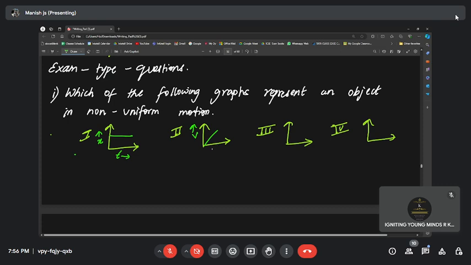Then you have a velocity time graph, and then you have a displacement time graph, and then you have an acceleration time graph. So you have 4 graphs here. One is position time, second velocity time, third a displacement time, and the last is an acceleration time graph.